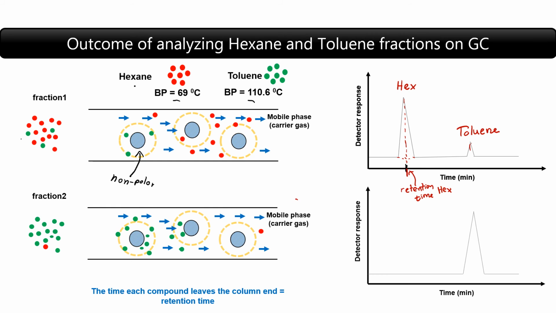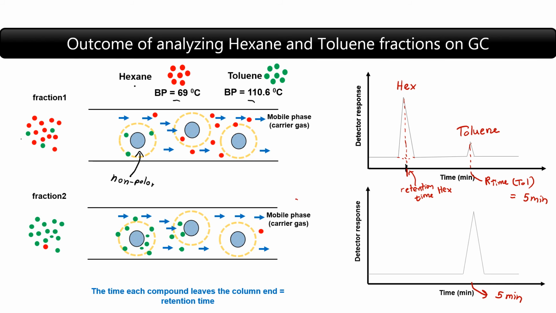Let's say this is the retention time of toluene, and let's assume it was 5 minutes here. It's going to be the exact same time that it elutes in the second graph as well. So this is kind of like a reference point.